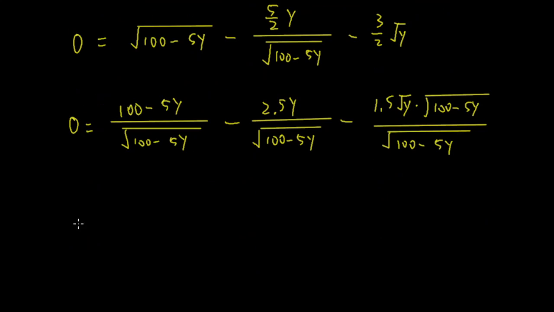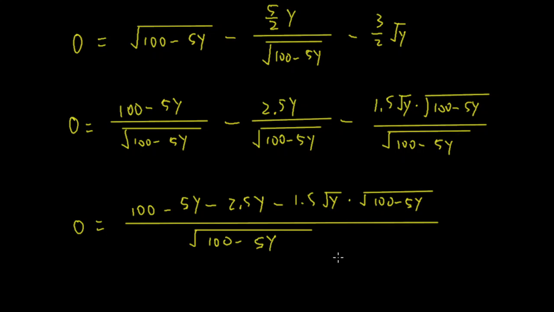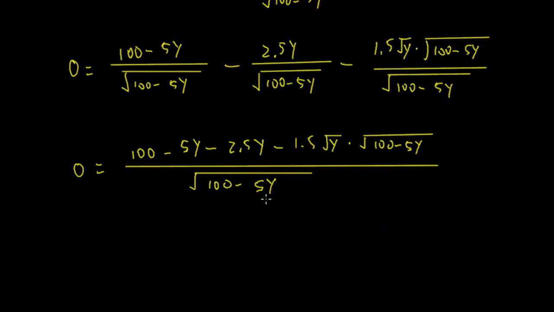Okay, so now we can group this together. This equals, now, 100 minus 5y minus 2.5y minus 1.5 square root of y times square root of 100 minus 5y, all divided by square root of 100 minus 5y.